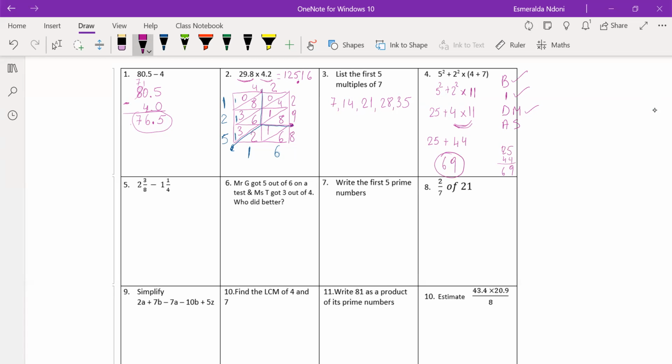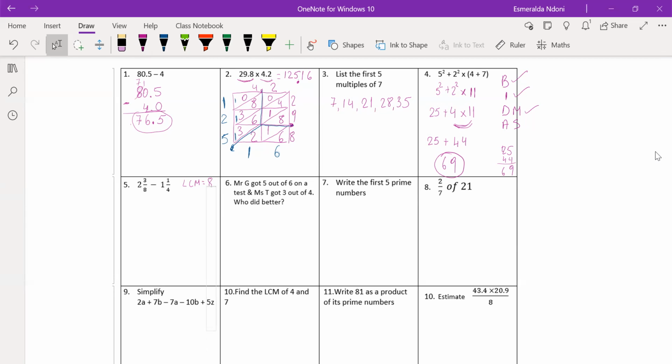Question number 5 is subtracting fractions. To subtract fractions, find the LCM. So we need the LCM of 8 and 4, and that will be 8, because 4 goes into 8 2 times. Now that I found the LCM, I need to start with a question.